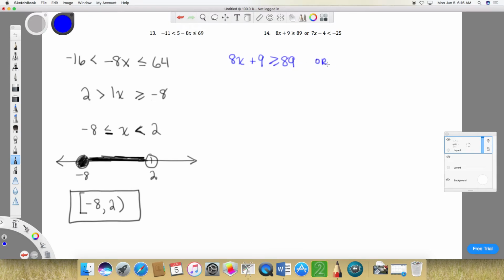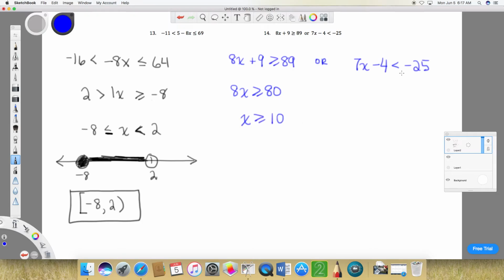Or I have 7x minus 4 being strictly less than negative 25. So on the left here, let's subtract 9 from both sides of this inequality, and I have 8x is greater than or equal to 80. Let's divide both sides by a positive 8, and I have that x is greater than or equal to 10.